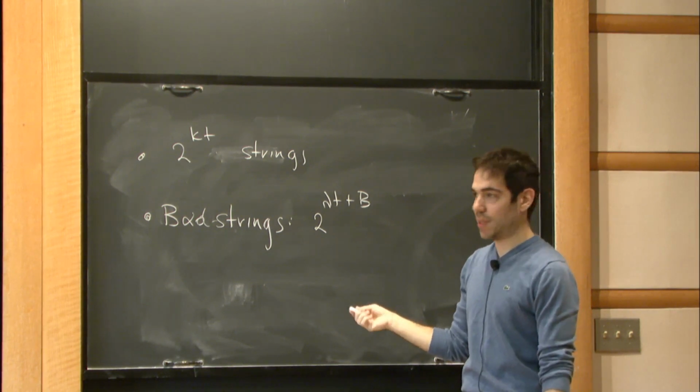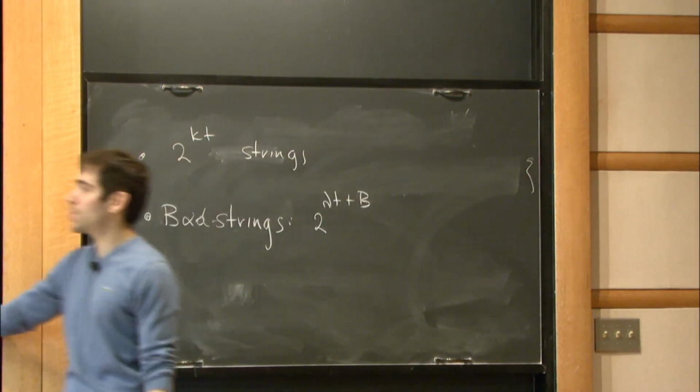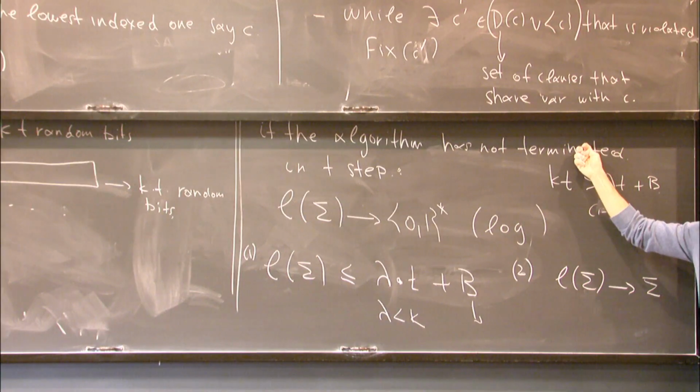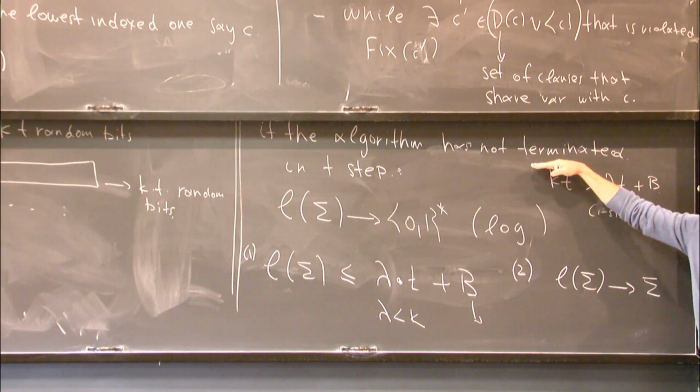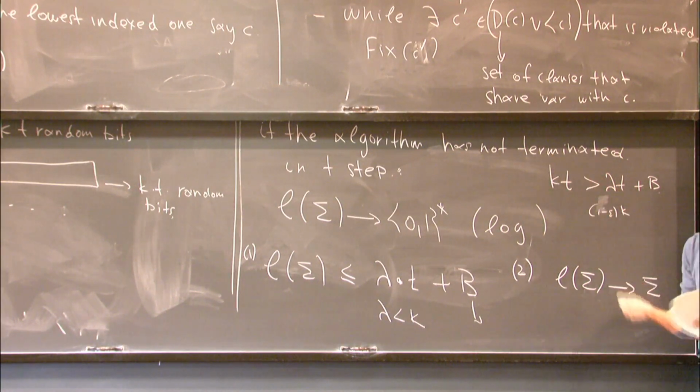This is what it means to compress under this assumption. As long as the algorithm has not terminated, I'm able to compress, so I'm basically counting the strings that do not lead to termination.